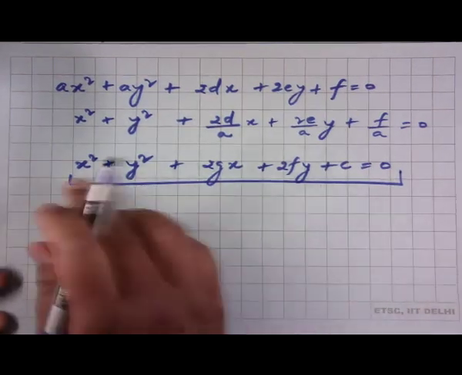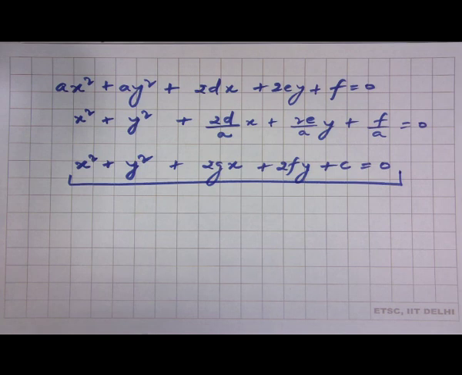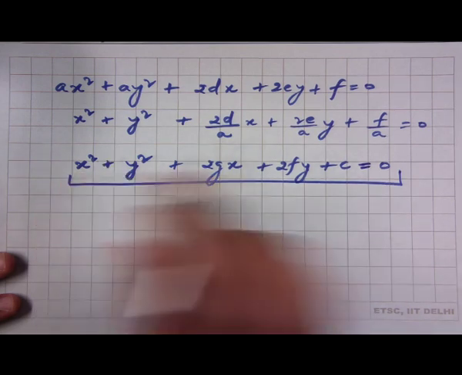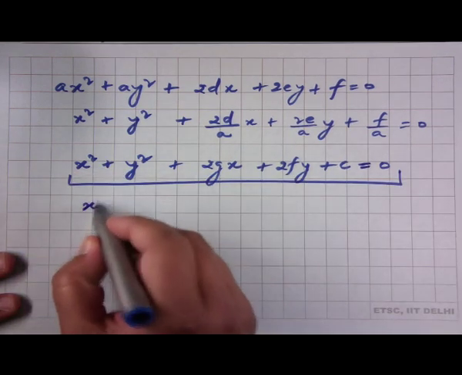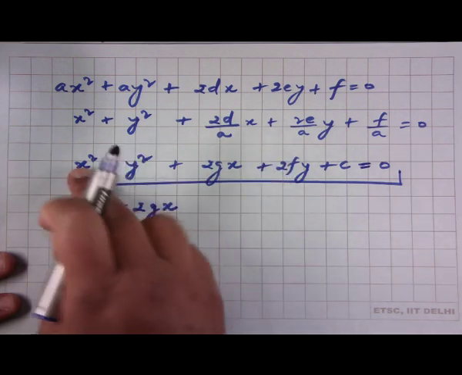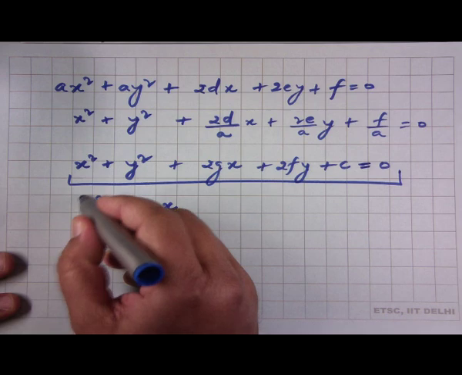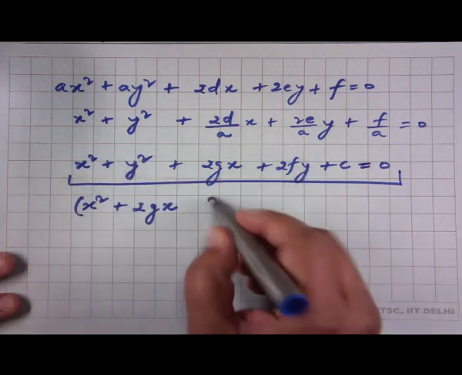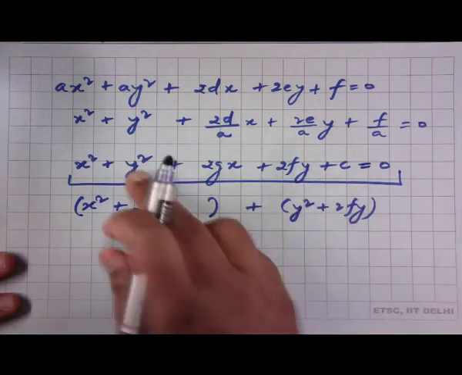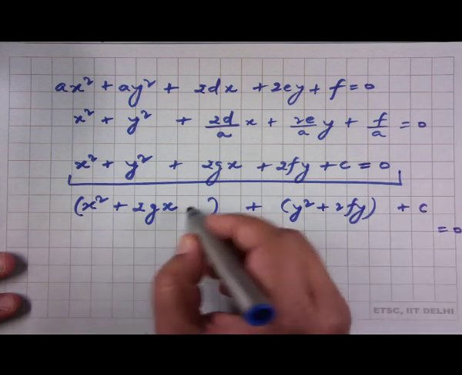Now, when we have a circle in this form, how do we find the center and radius? Well, we can simplify this. So, we bring these two terms together, y square and 2fy together, and then we complete the square.